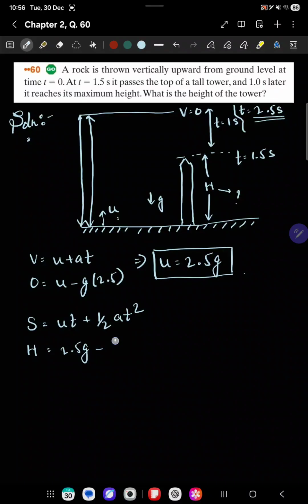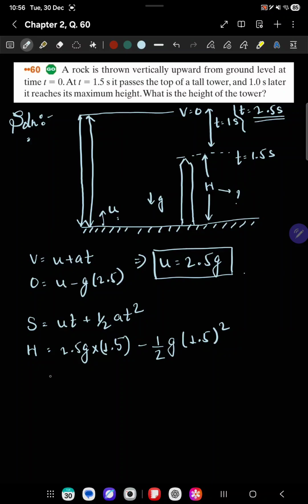So I am taking 2.5 g into 1.5 minus 1 by 2 g, since gravity is acting downwards and u is in the upward direction, and again t square, so here it will be 1.5 square.